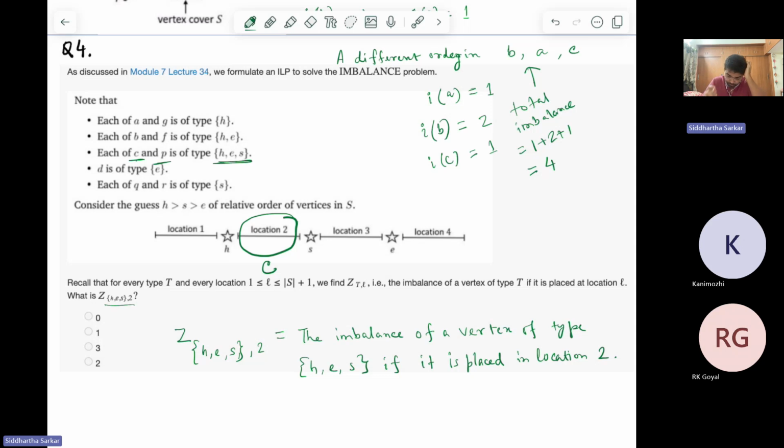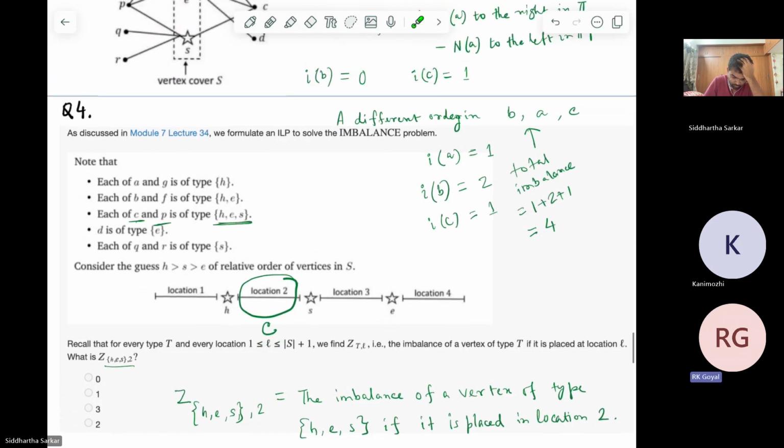You know that this is connected to HES all 3. So how many neighbors are to the left? If in your final ordering you put C here, you know for a fact that H is here, S is here, and E is here. How many of these 3 neighbors are to the left of C?